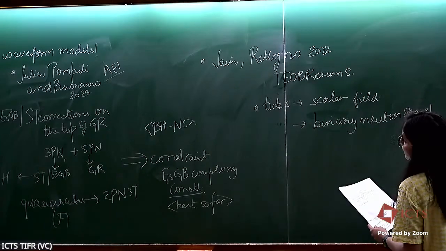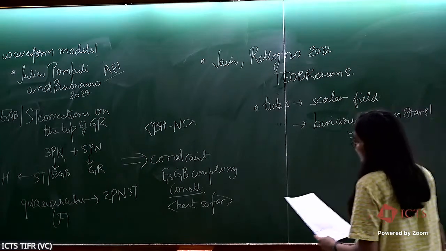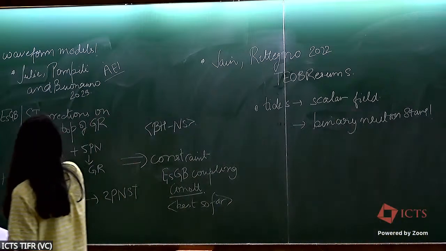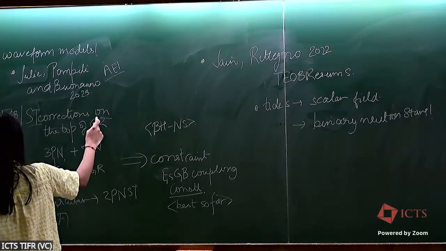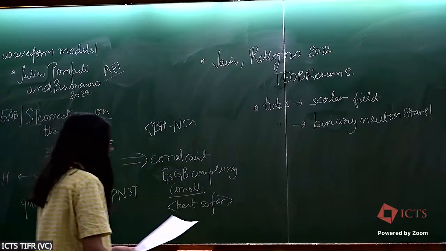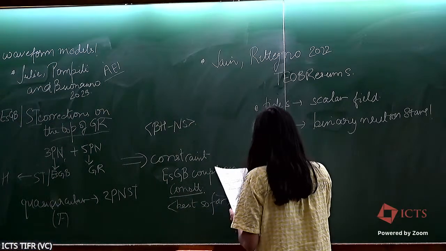So that's what we see. I said that the ESGB or the scalar tensor corrections are small, so they are added on top of GR corrections. But this might not be always true.